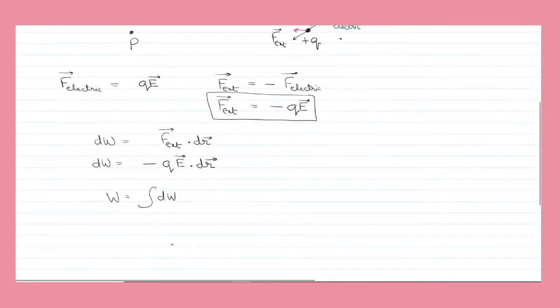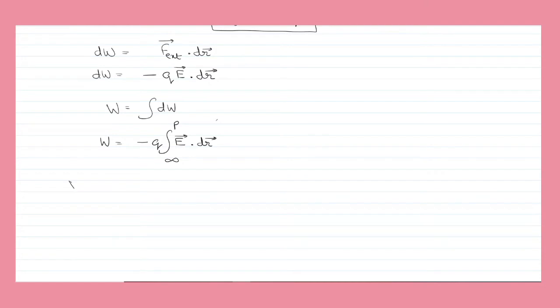So total work done is the integration of minus qE dot dr. And initially we were at infinity and finally we are at a point P. But this is the work done in bringing a charge of q coulomb, not a charge of 1 coulomb.